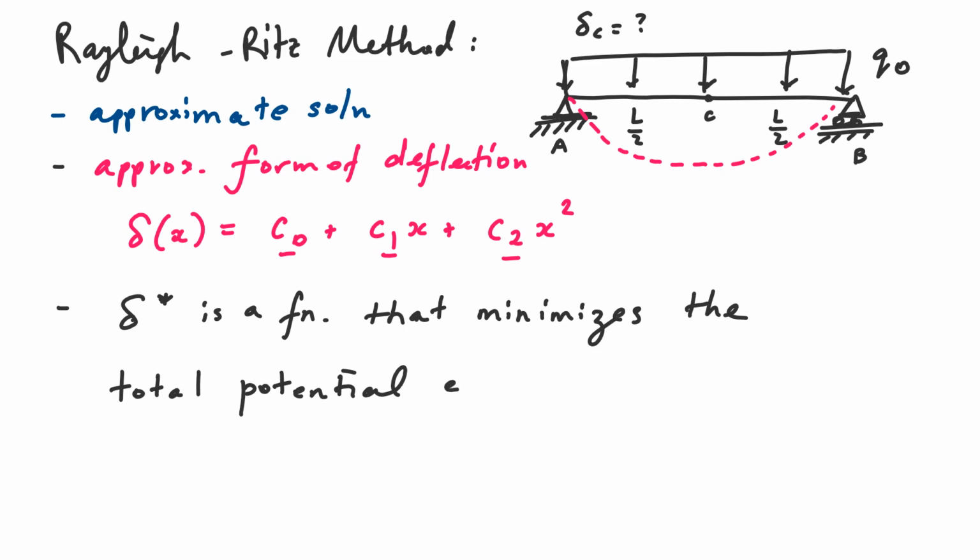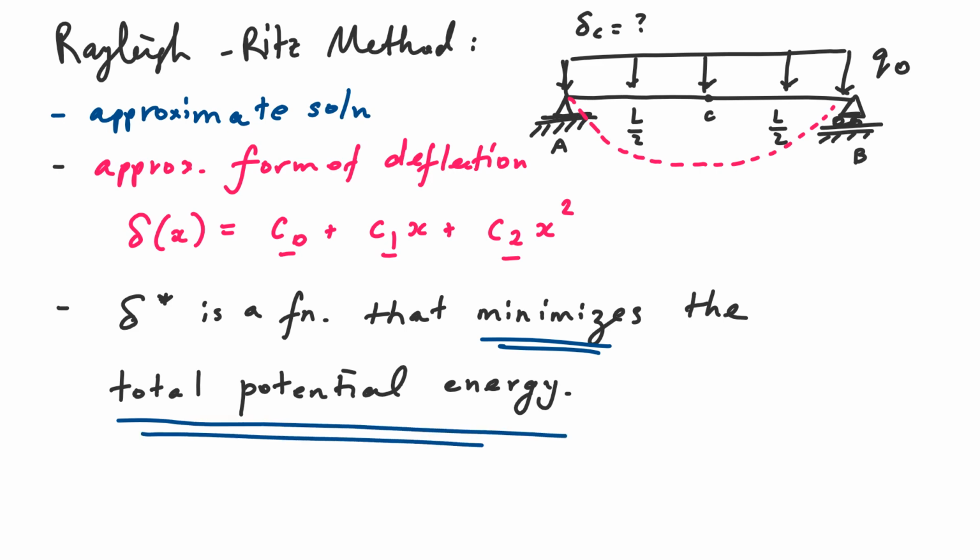And I worded this very, very specifically. So the correct approximation of the deflection is delta star, and it is a function that minimizes the total potential energy.